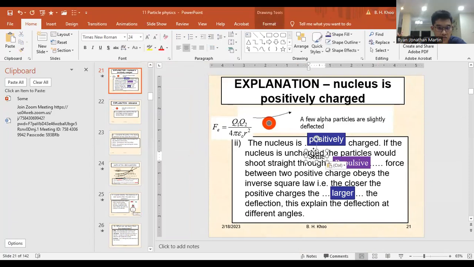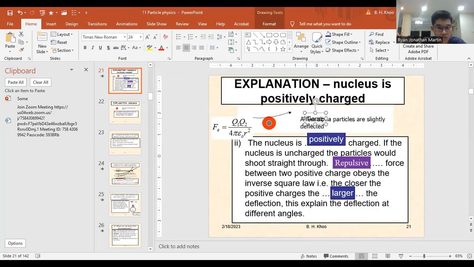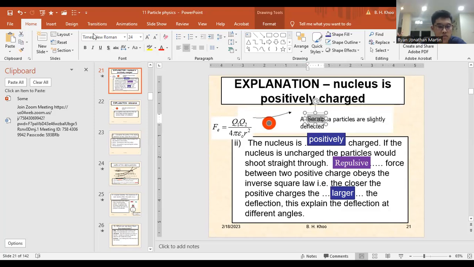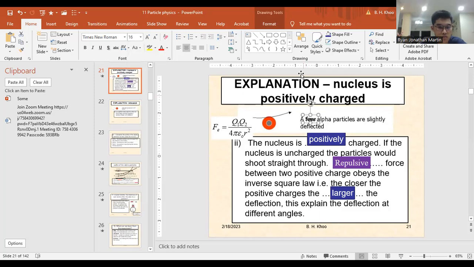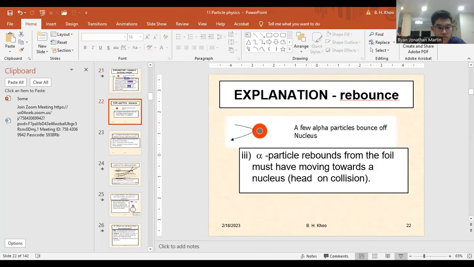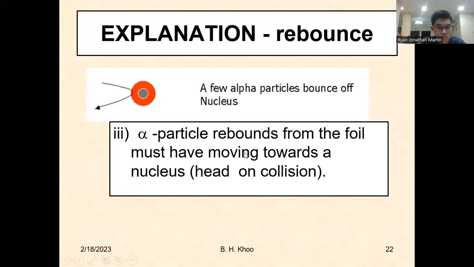This one should be some, not few. This one is few, correct? More than 90 degrees or head-on collision will be some.